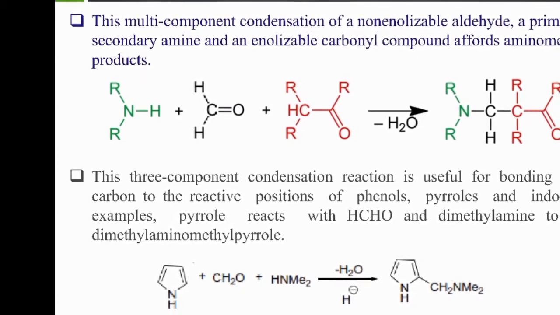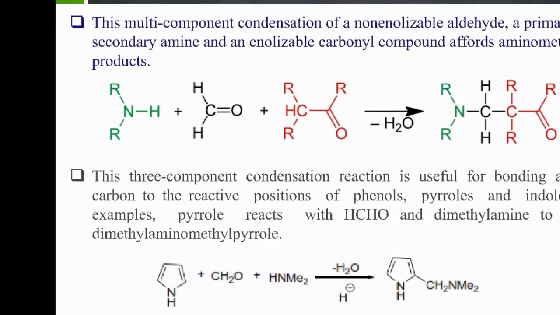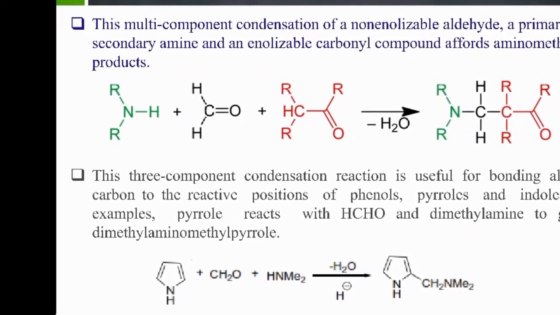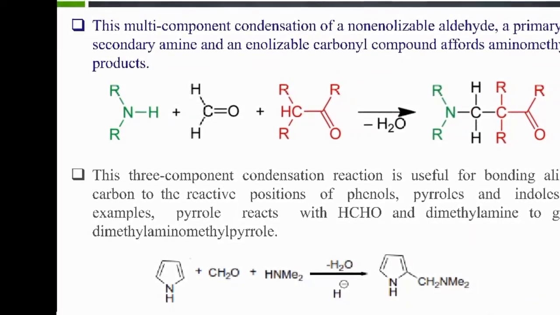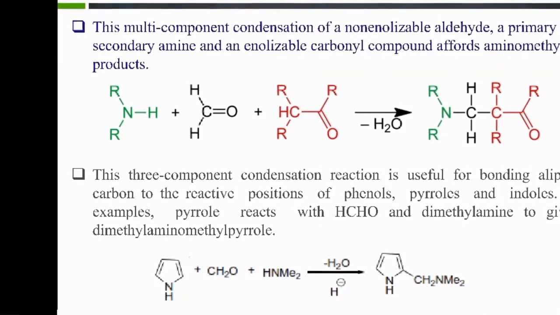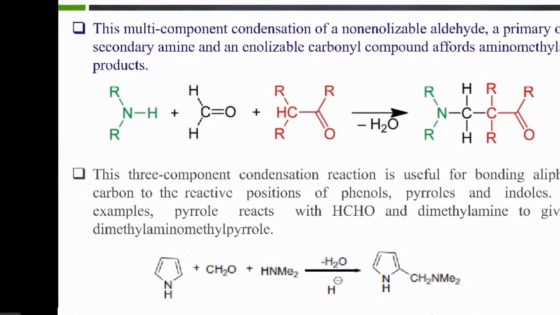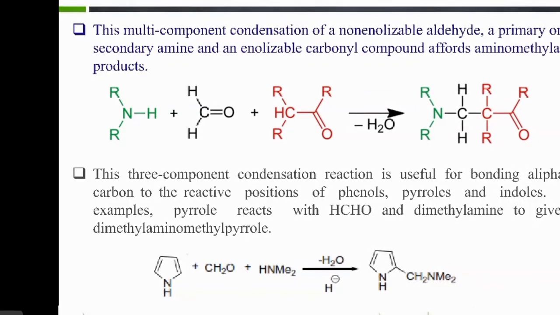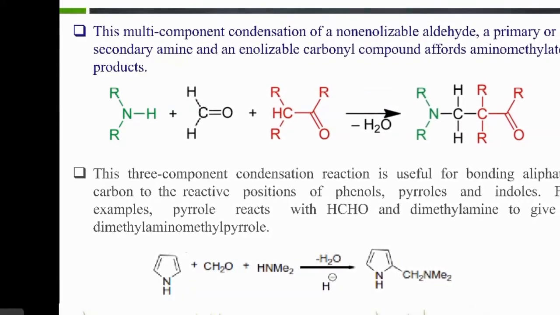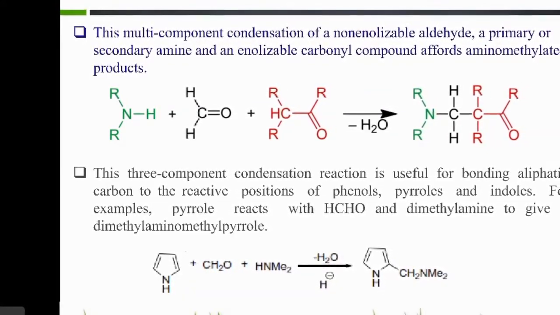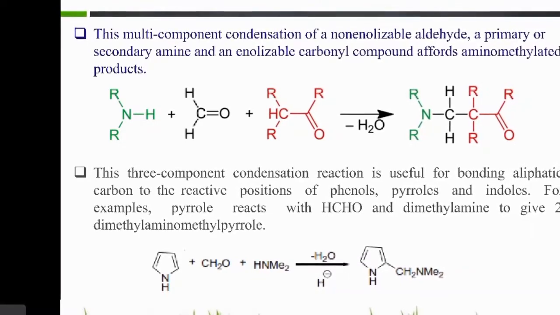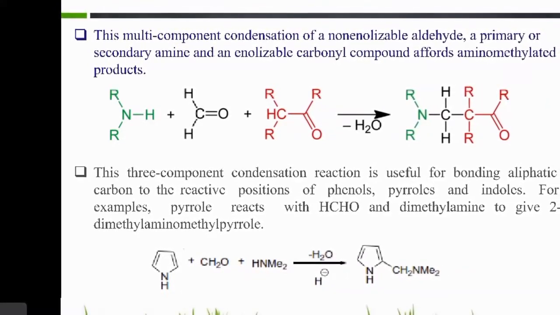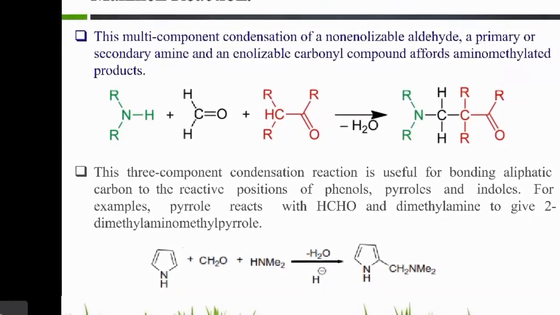So that it happens like this. You could see the first one is a secondary amine, the second one is a non-enolizable aldehyde, and the third one is an enolizable aldehyde, and all those react and there is a condensation of a water molecule and you get a product, that is the amino-methylated product.